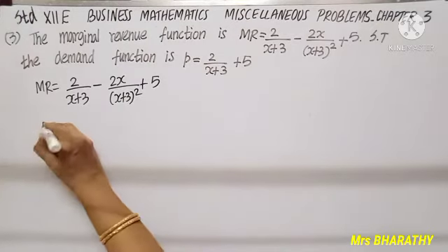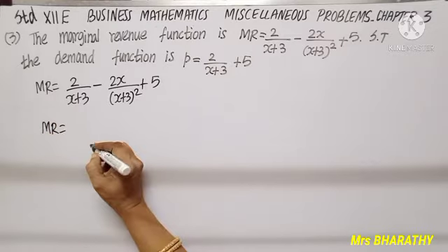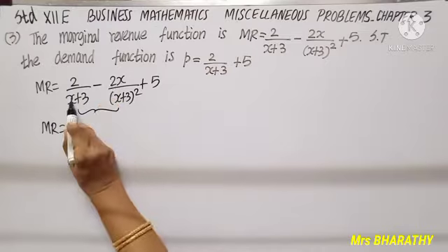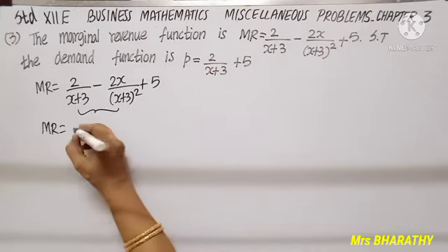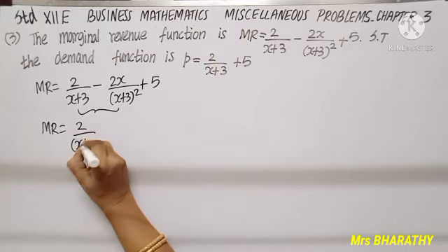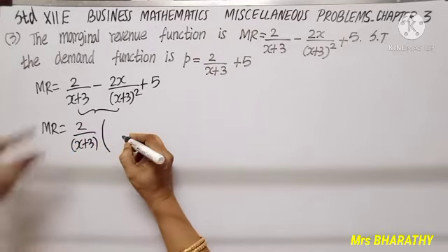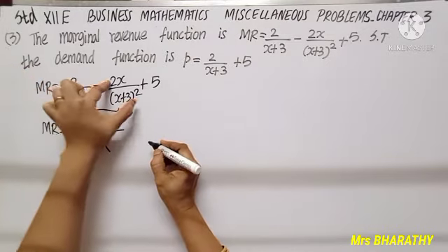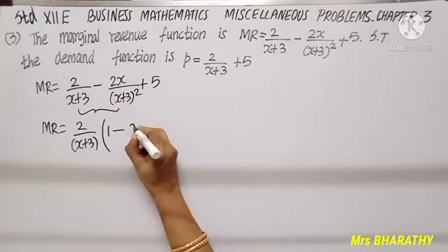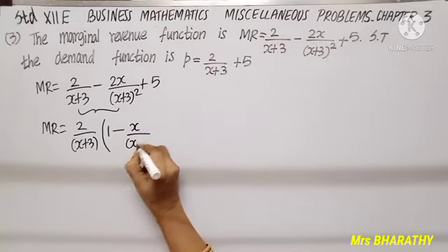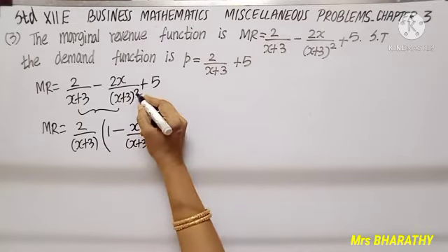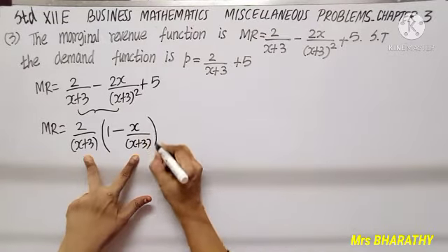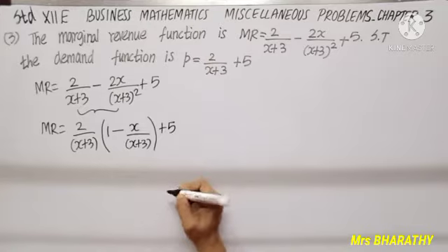Before that, let us try to simplify this. These two terms, we have 2 common, also x plus 3 common. If I take 2 by x plus 3 out, this is 1 minus x by x plus 3, since the whole square is there, 1 x plus 3 I have taken, 1 x plus 3 remains, plus 5.